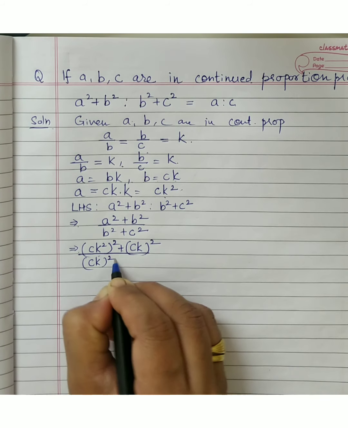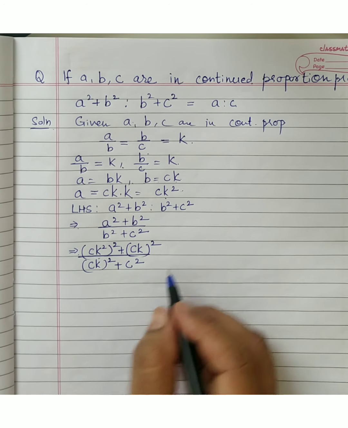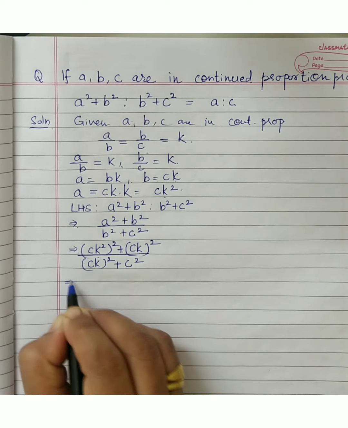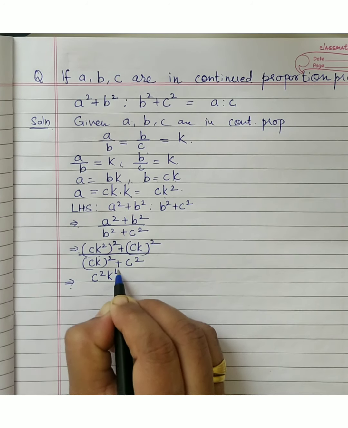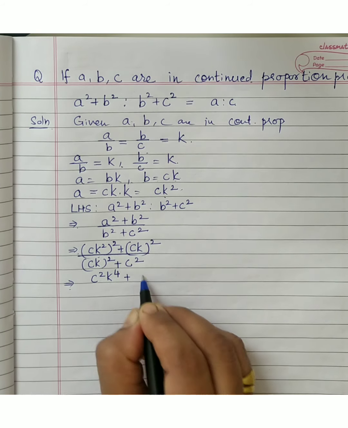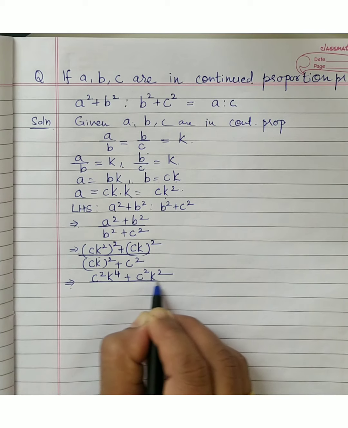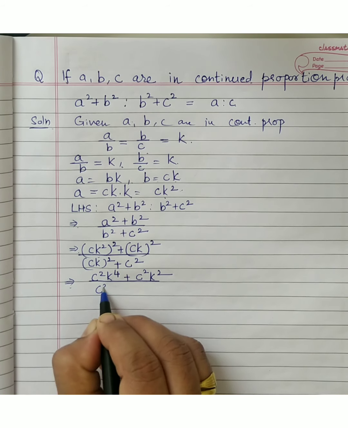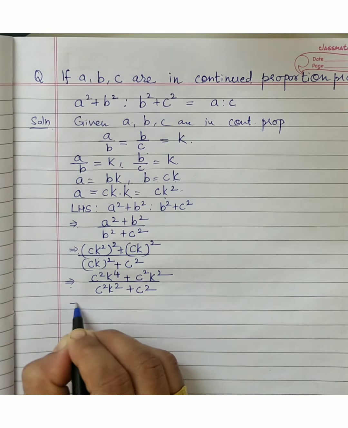CK whole square plus c square as it is. Now simplify this carefully. This will be c square k raised to 4 plus c square k square upon c square k square plus c square.